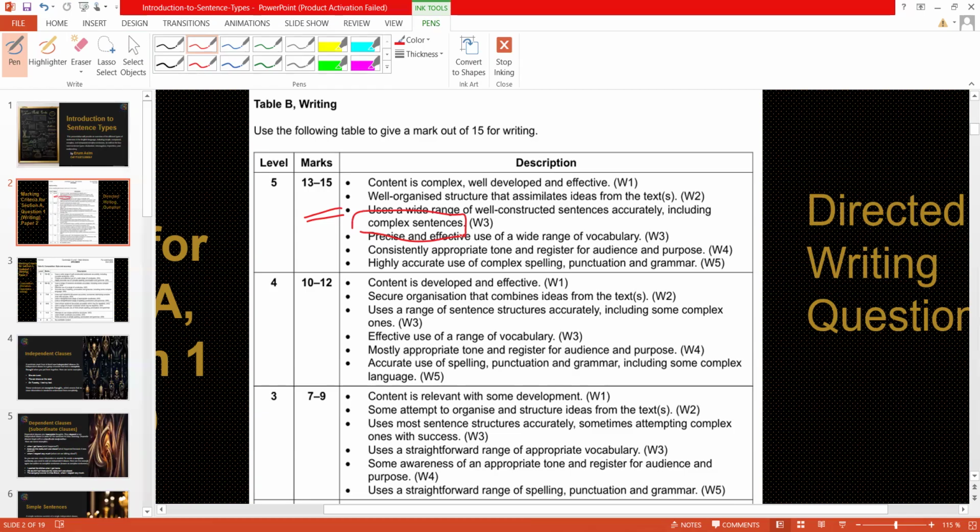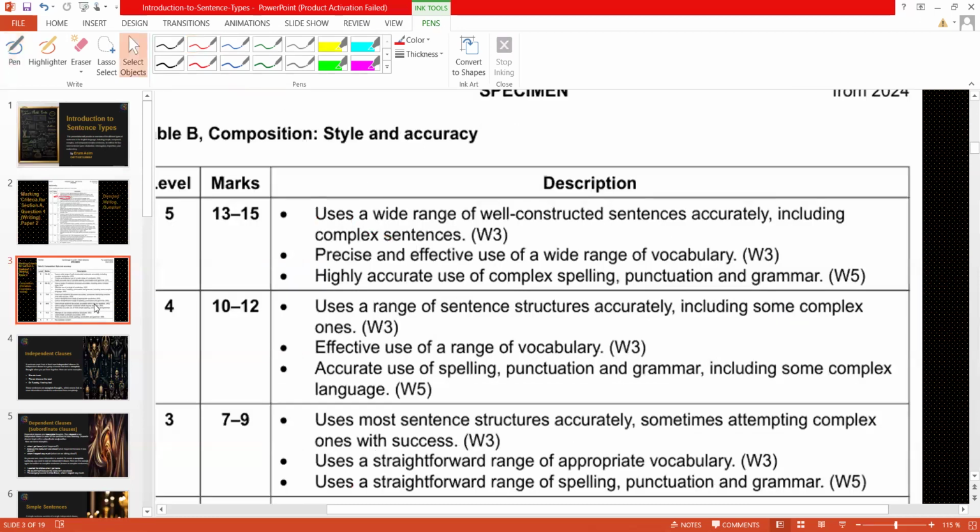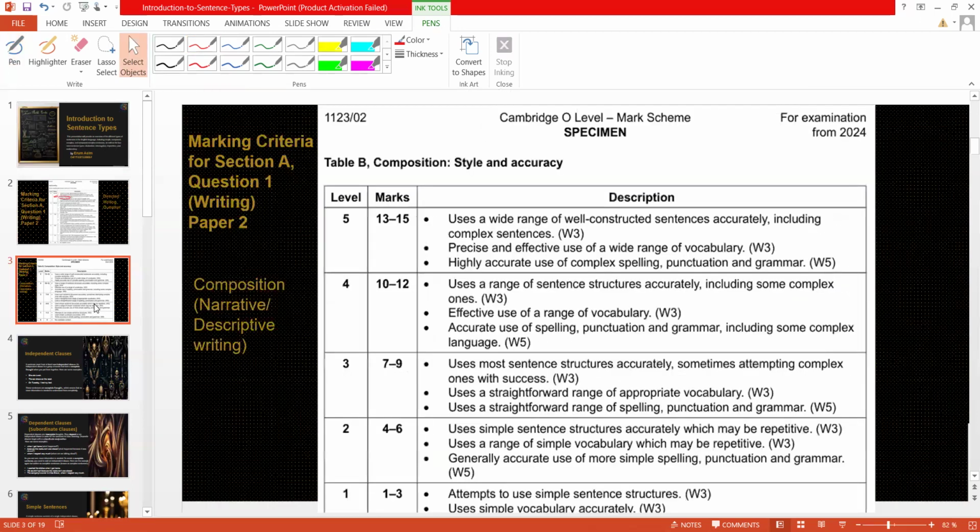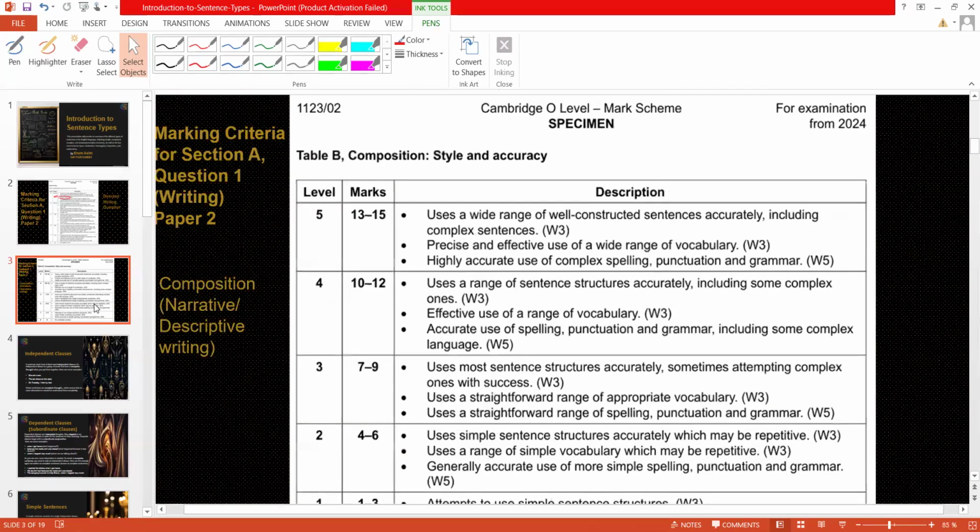Now let us look at another thing. If we discuss the second slide, see what they have mentioned here. We are talking about the composition, the narrative or descriptive, whatever we are writing, that is up to us. And see what they have again mentioned here. The first one: use a wide variety of well constructed sentences, including complex sentences.